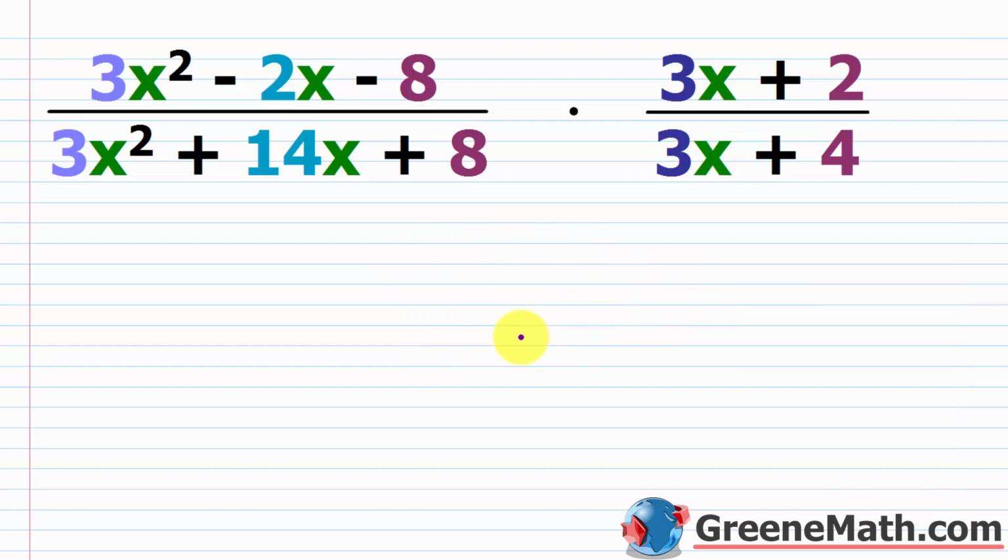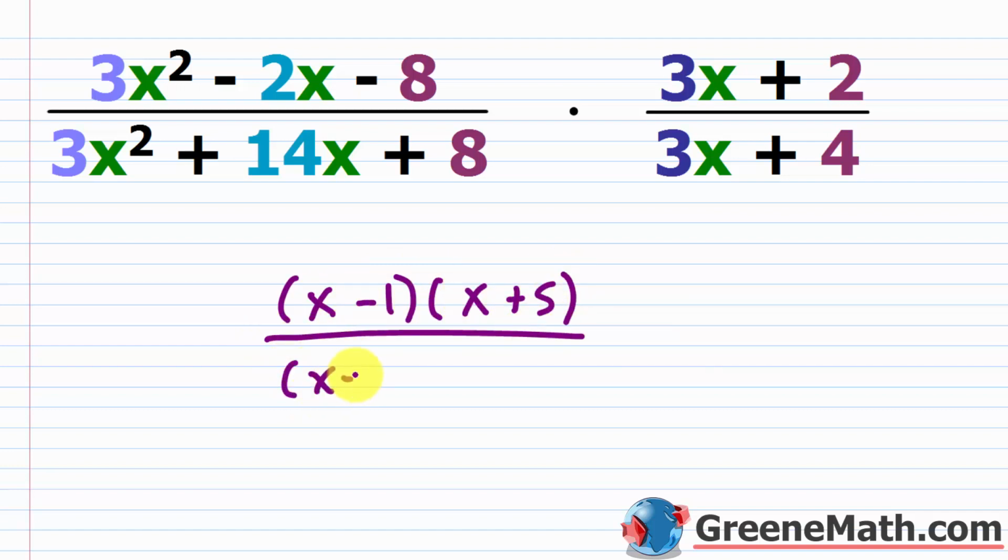Now let's take this up a notch and think about this with something like this. Let's say I had x minus 1, this quantity, times, let's say, x plus 5, this quantity, and this was over, let's say, x minus 1 again, that quantity, and then times, let's say, x plus 6, this quantity. Now, a lot of people get confused here because you see there's a minus sign, a plus sign, a plus sign, a minus sign, and then when I start canceling stuff, they say, well, why can you cancel there? These are factors here, okay?